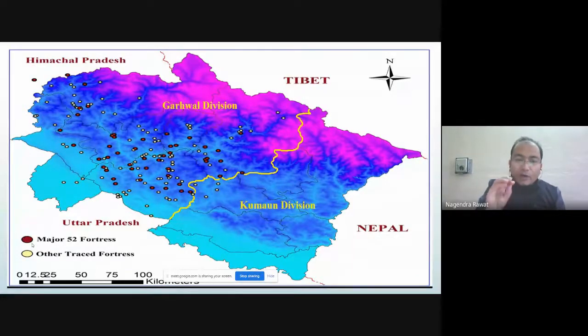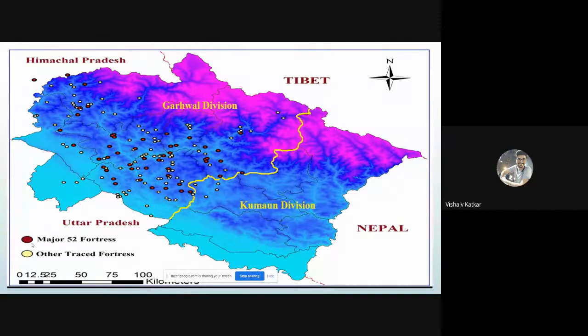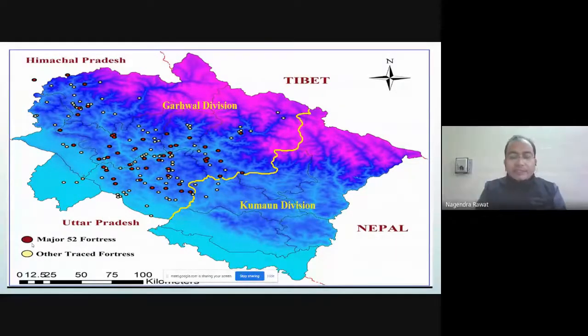Sir, which information can be collected with the help of GPS? For example, GPS can only give you the latitude, the longitude, and the elevation of that particular site. Now you can ask how these coordinates are important for me or for any student. The coordinates of any site are very important for archaeological researchers.